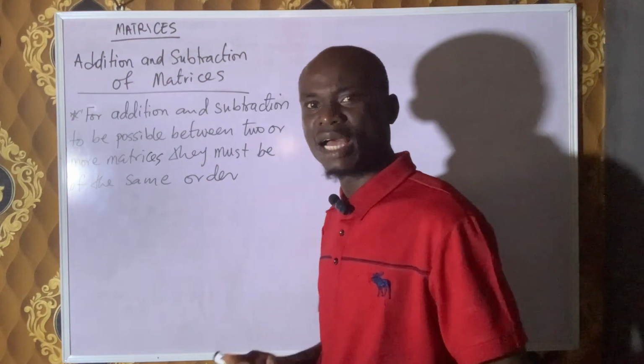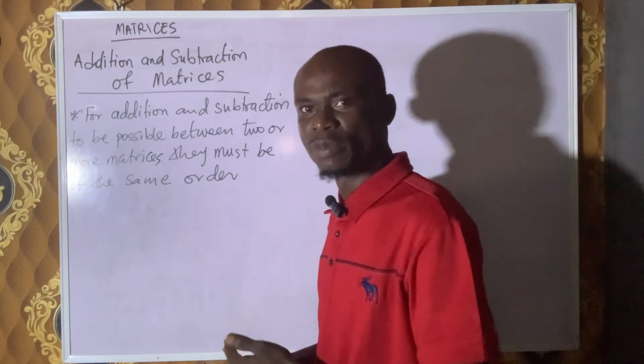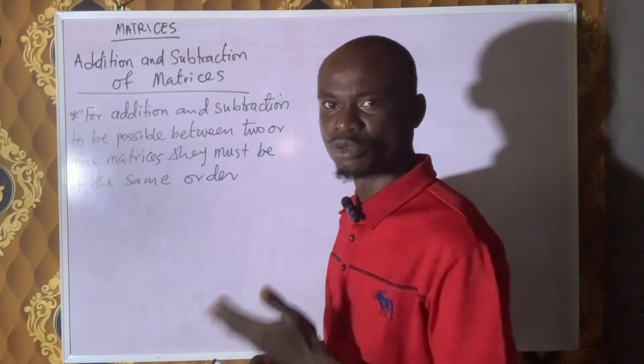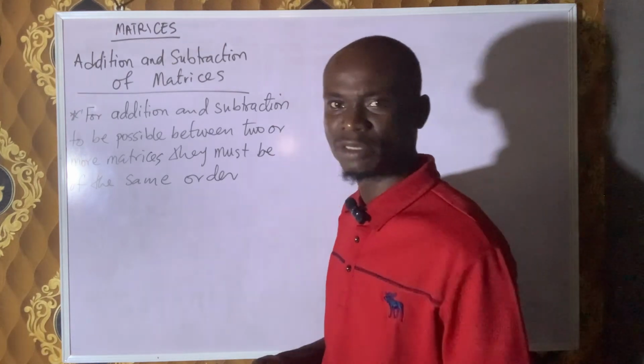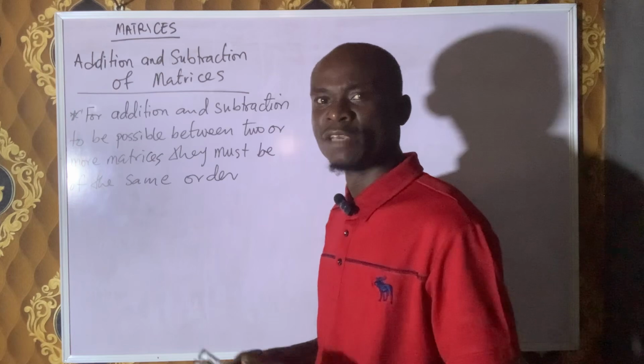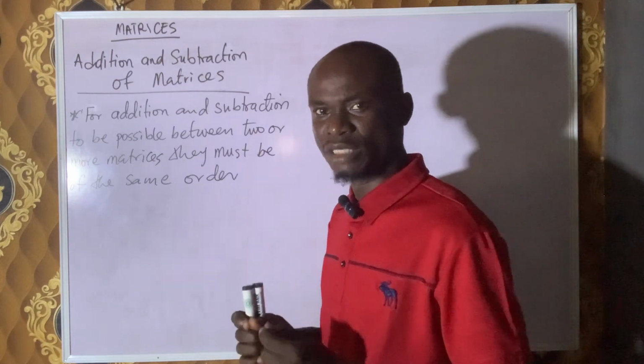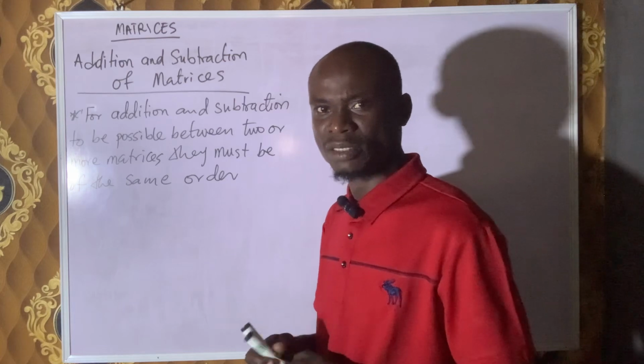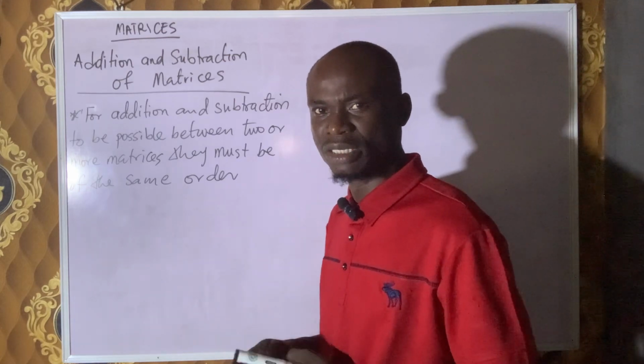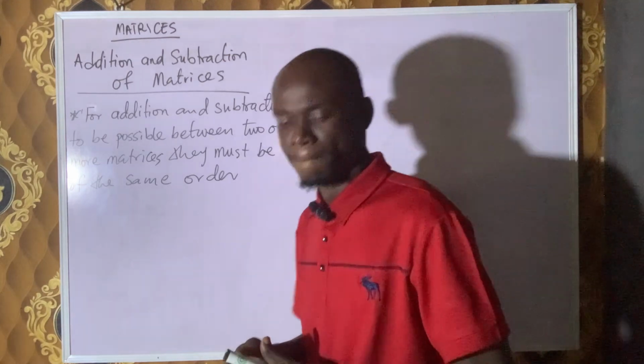That means you can only add a 2 by 2 matrix to a 2 by 2 matrix, a 3 by 2 matrix to a 3 by 2 matrix, a 4 by 3 matrix to a 4 by 3 matrix. If the orders are not the same, addition is not possible. So this is one important condition you need to know before you go about adding or subtracting matrices.